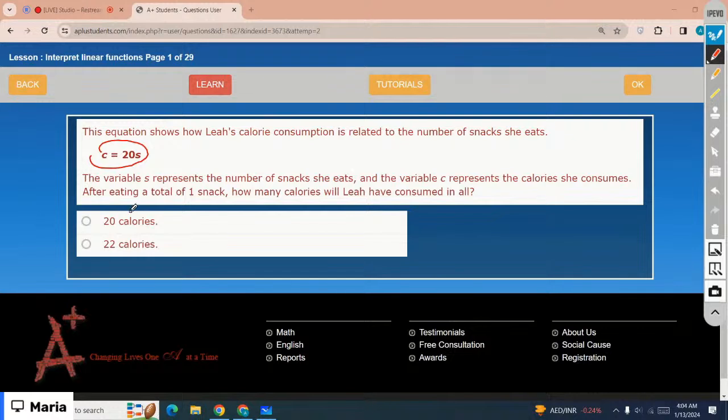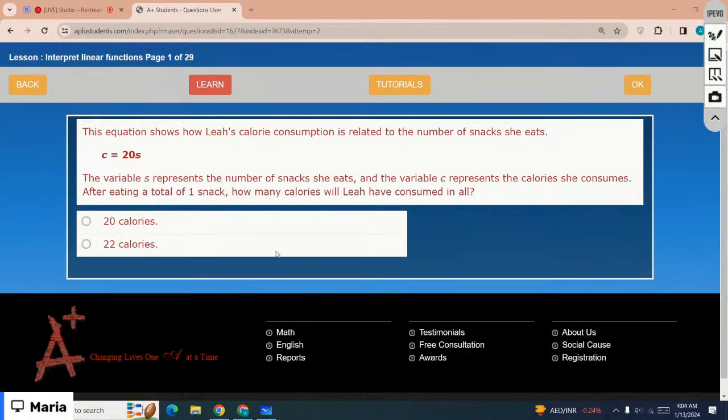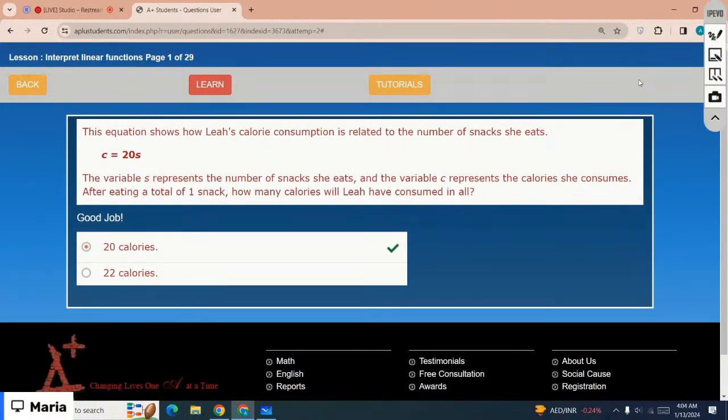The equation is C equals 20S, and you have to calculate after eating one snack. That means S equals 1. Just replace the S with the value: C equals 20 times 1, and that is 20 calories. The correct option is 20 calories.